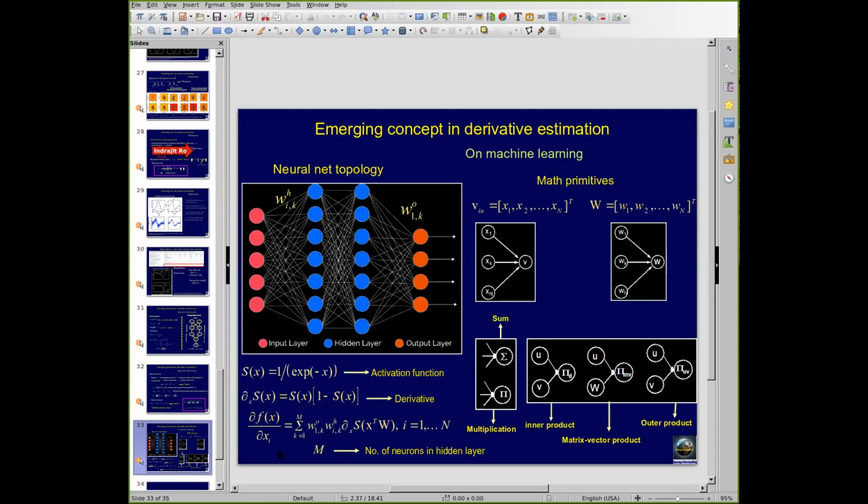So what is neural net based derivative? Let me give you a very brief description. It is basically neurons. There are three types of layers: the input layers, the hidden layers, and the output layers, and they are connected with a network topology. You put the data here, and the hidden layers compute using the weight functions and activation functions, and it gives the output.